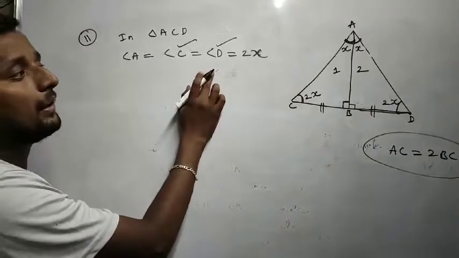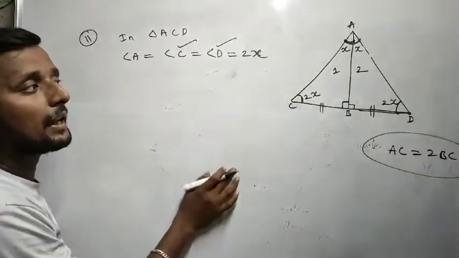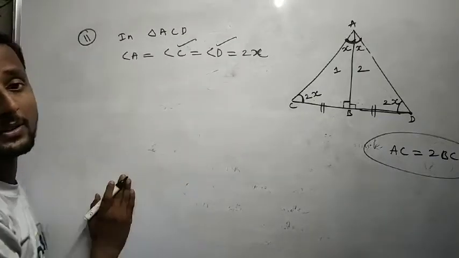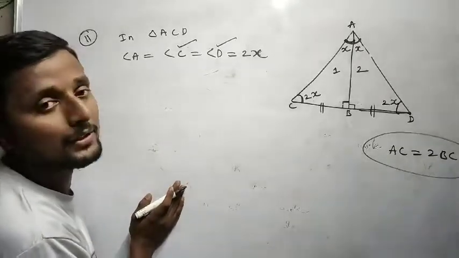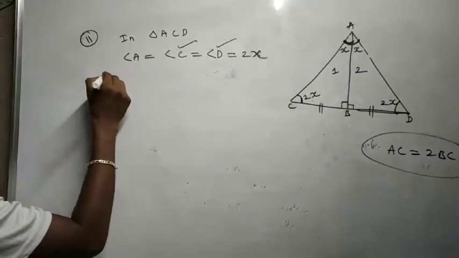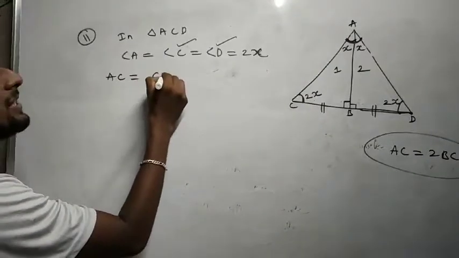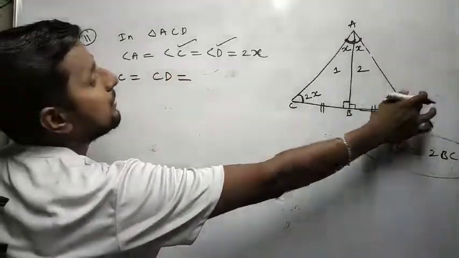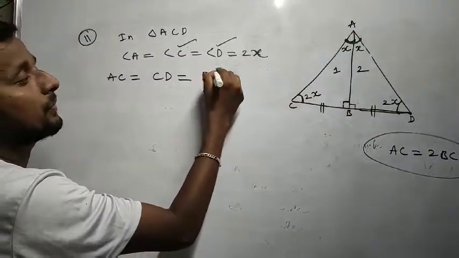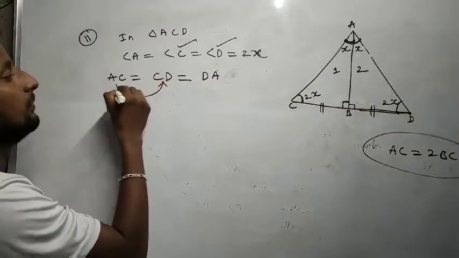So in a triangle, if the three angles are equal, it means the three sides are also equal. So what will I write now? AC is equal to one side, next CD is equal to DA. So look at these two.